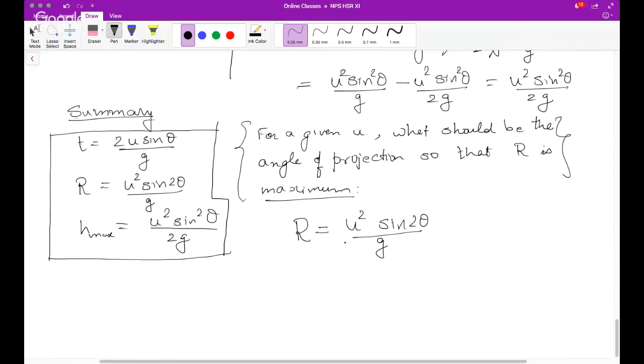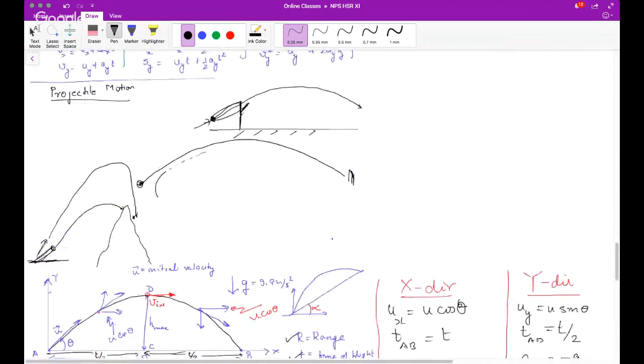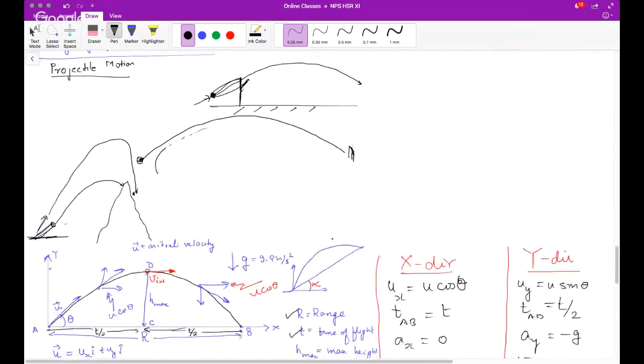Now why are we talking about this particular case? Let's say you are at war, the Kargil war. There is a capability of the gun to launch a particular shell. That depends on the design parameters and many other things, so you really cannot go beyond a point in terms of the initial velocity of the launch.